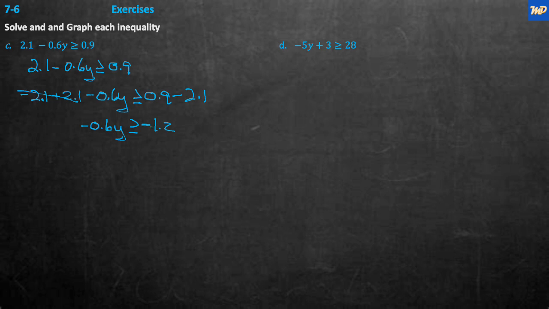So now we're going to be getting the y by itself, getting rid of the coefficient, which is a negative 0.6. So we're going to multiply by the inverse, which is 1 over negative 0.6.